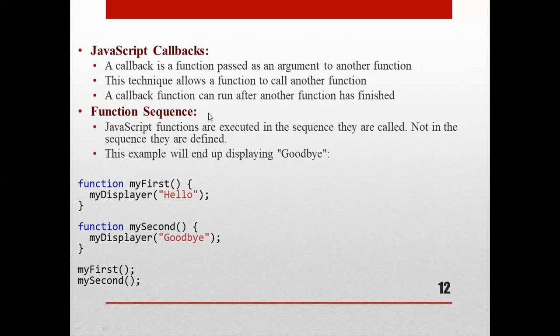So what is the function sequence? We know that JavaScript functions are executed in the sequence they are called, not in the sequence they are defined. Here you can see first we define myFirst function, then we define mySecond function. JavaScript does not execute them in the order they are defined; they execute in the sequence they are called. So first it calls myFirst, then mySecond.